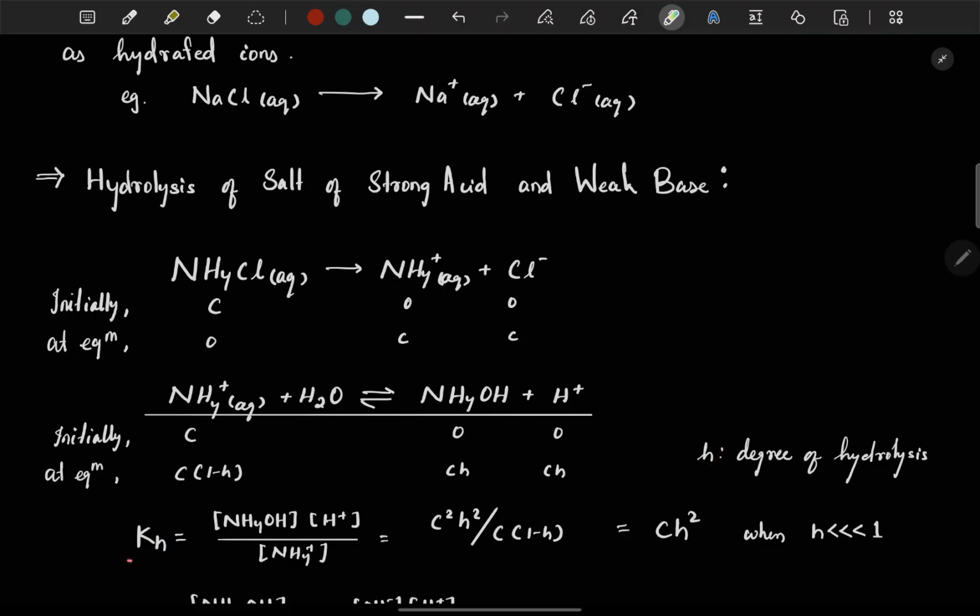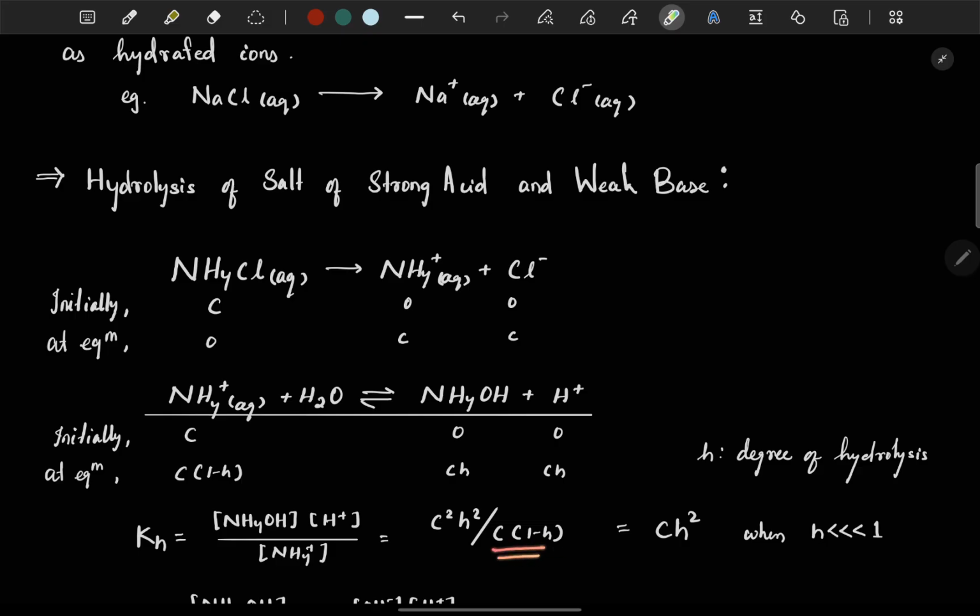Again, the hydrolysis constant, that is Kh, can be written as the concentration of NH4OH into the concentration of H+ ion divided by the concentration of NH4+ ion, which is equal to C²h² divided by C(1 - h). When h is much less than 1, that means 1 - h is nearly equal to 1.